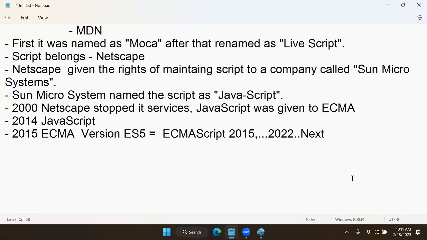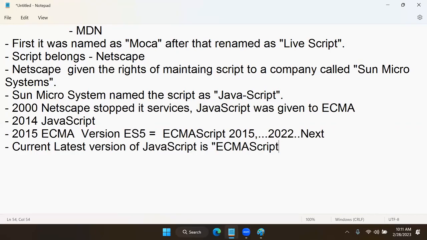Actually, the current latest version of JavaScript is ECMA script 2022. In short, people call it ES 2022. And before that version, it is called ES5, ES6.